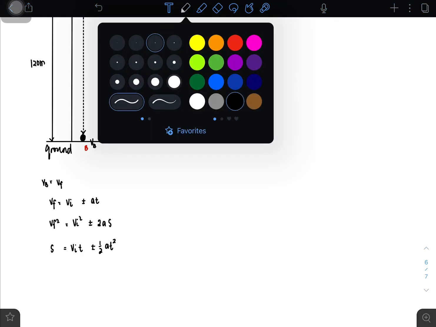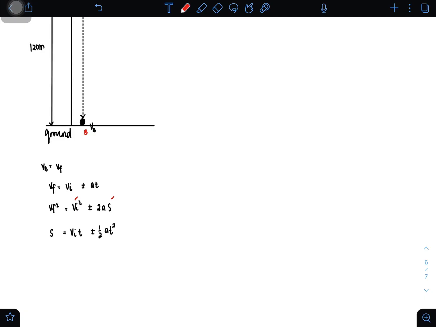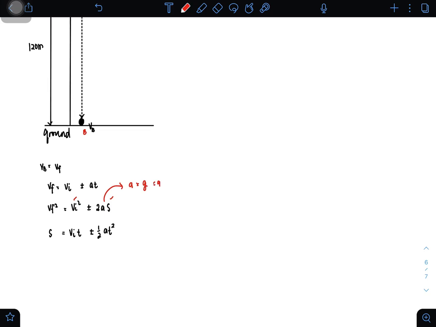Since there is a given initial velocity, which is 0, and distance, and since this is free fall, the acceleration here is governed by g, that's 9.81 meters per square second.